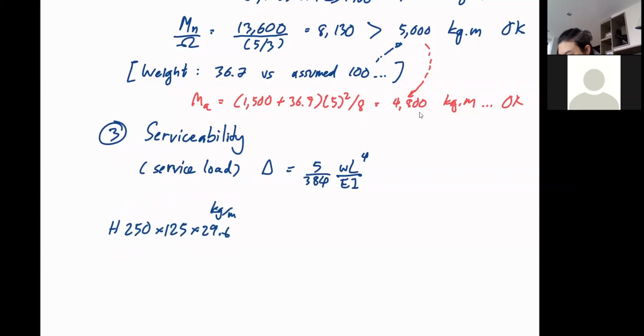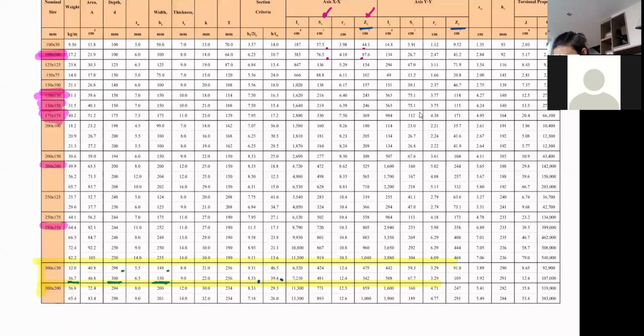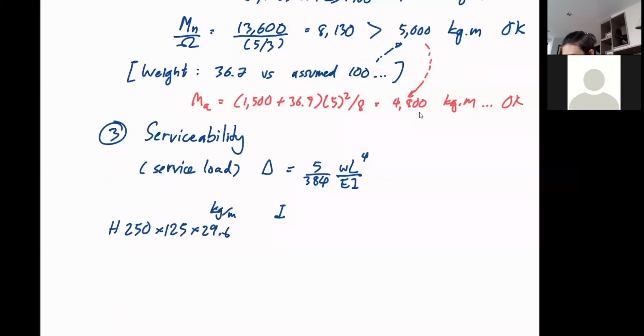So the moment of inertia here, you can go back and take it from here. 250 by 125, 29.6, that's our inertia, right? 4,050.